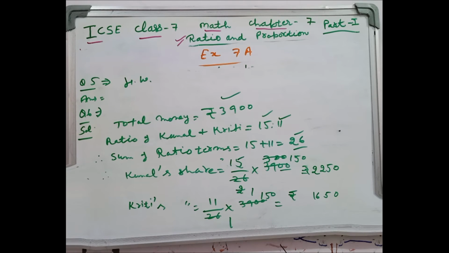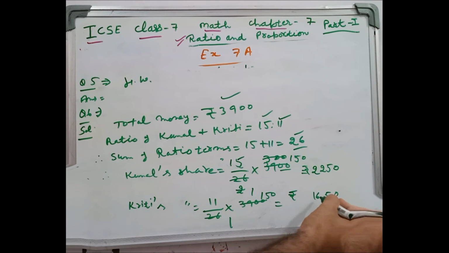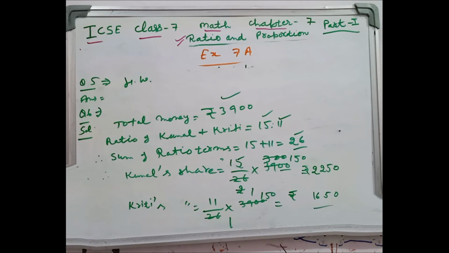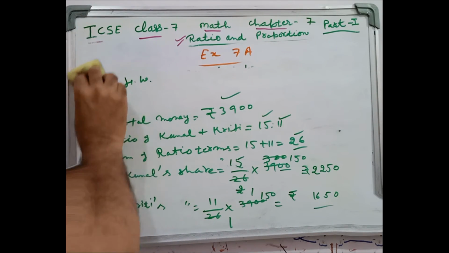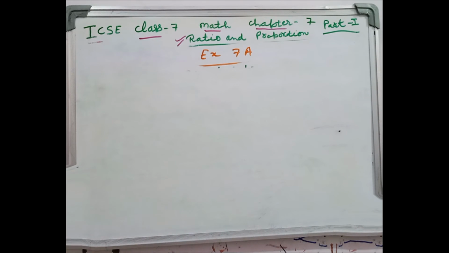If you want to cross check this, their total would be 3900: 0, 5 plus 5, 10, 0, 20 plus 22 plus 16, 38 plus 1, 39. You can cross check yourself, so that there should be no doubt. So question number 6 is done.